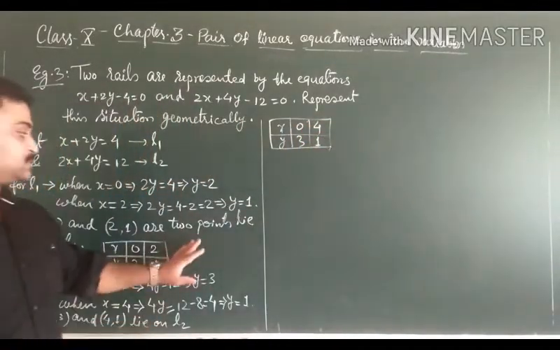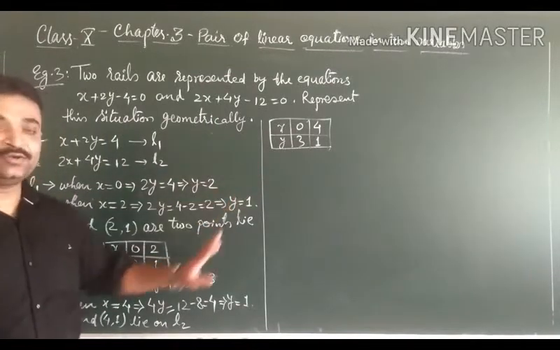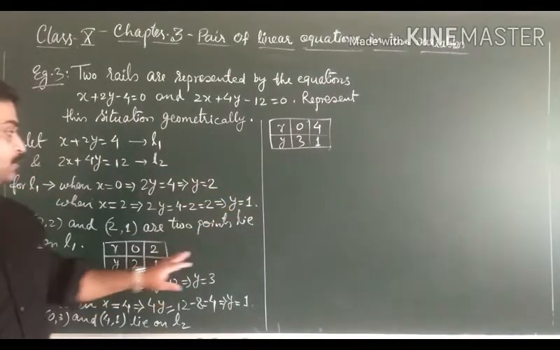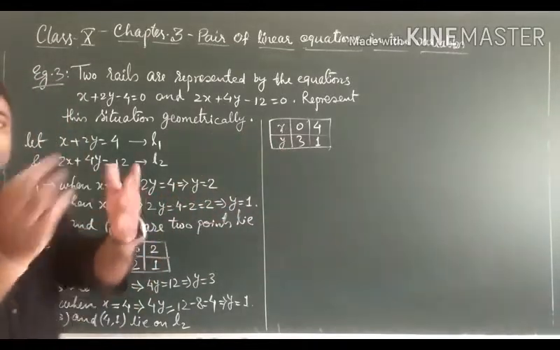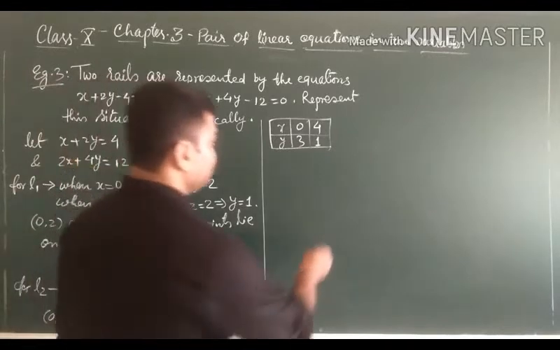Now we have two boxes, and the values for x and y, we find it. Okay. Now we have to plot these points on the graph paper.